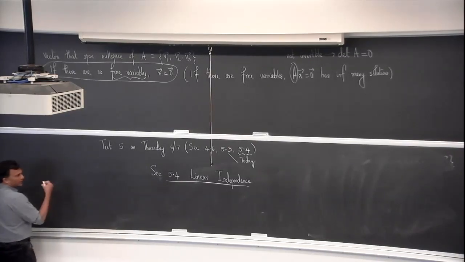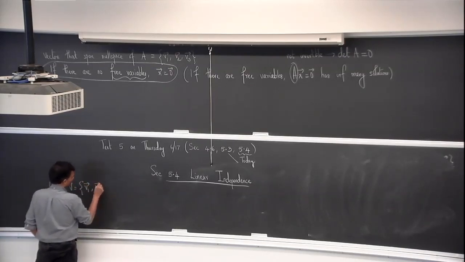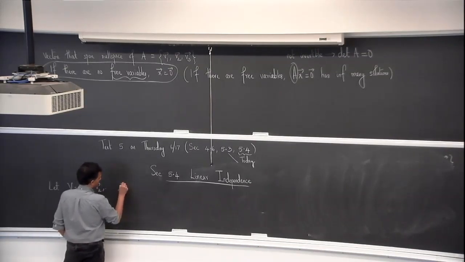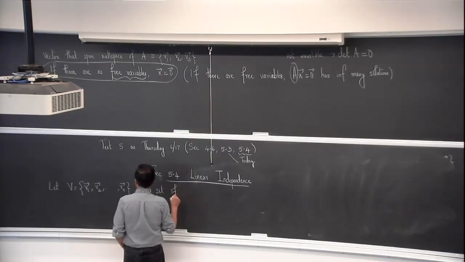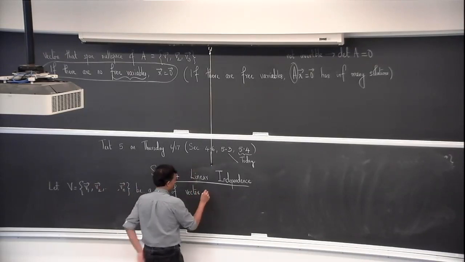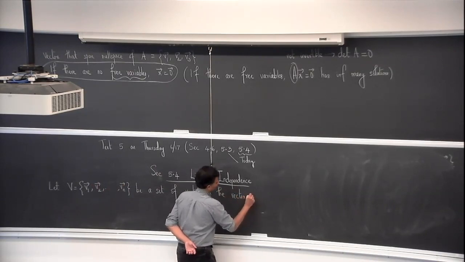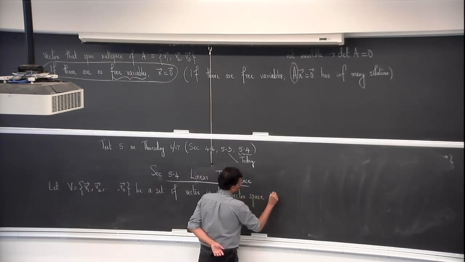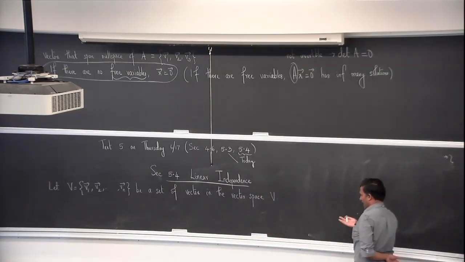So once again, we are going to live in a world of vectors. So let V equal to v1, v2, v3, dot, dot, dot, vn be a set of vectors in the vector space V. When you write it in a general way, there are n of them, though when we do it by hand, it will be 2 or 3 or 4.